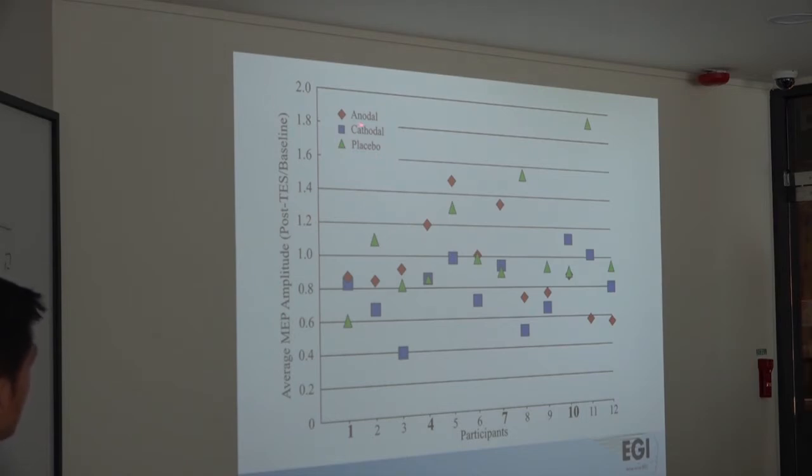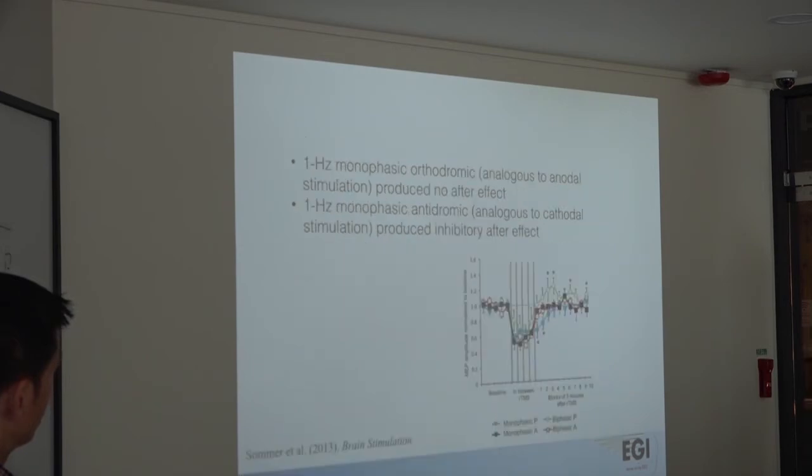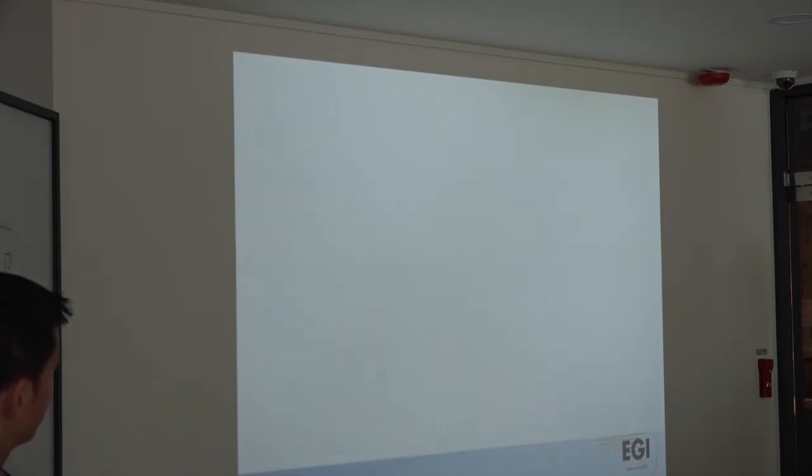Just look at the cathodal, and remember baseline is here, okay? Most of our subjects in the cathodal are below baseline. Again, for the anodal, we have a good percentage that are below here. This outlier here explains this graph.